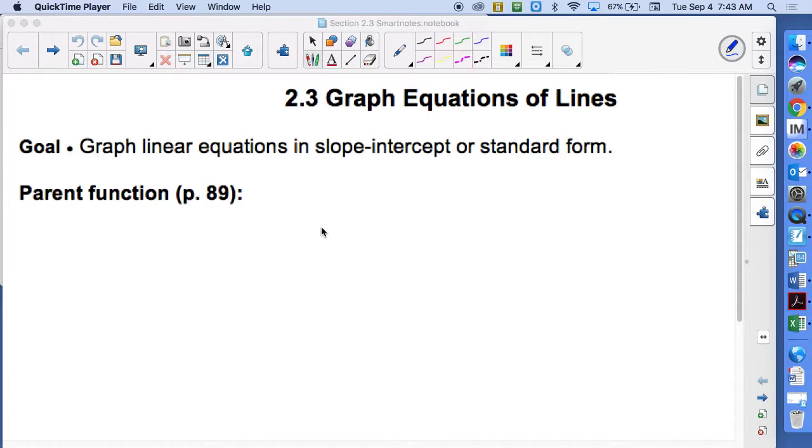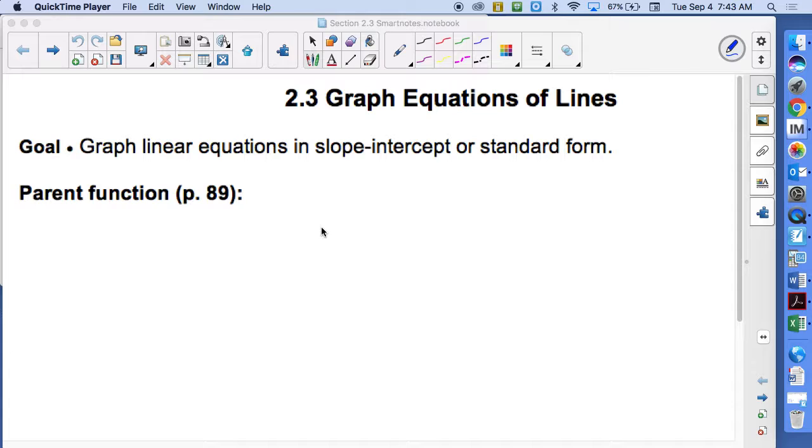So the first vocab term we have here is a parent function, and we'll talk about parent functions with each type of function and graph that we look at. Anybody know what a parent function is? Kind of weird that we say functions have parents.